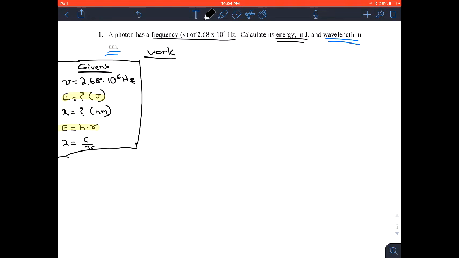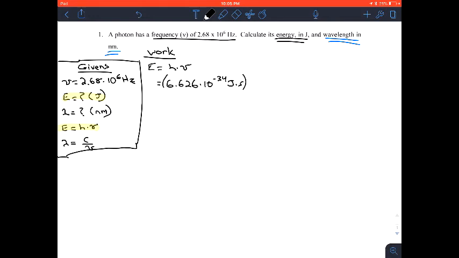Our energy in this case equals h times nu, where h, of course, is Planck's constant, 6.626 times 10 to the negative 34th joules times seconds.